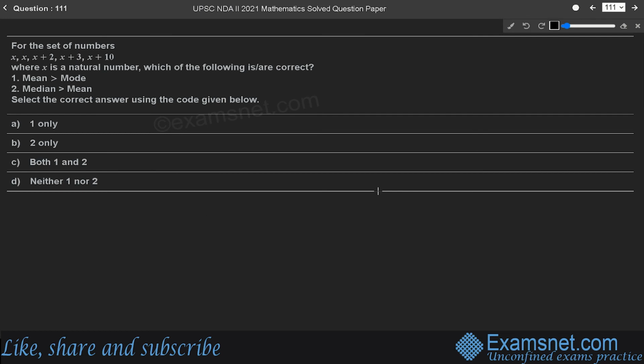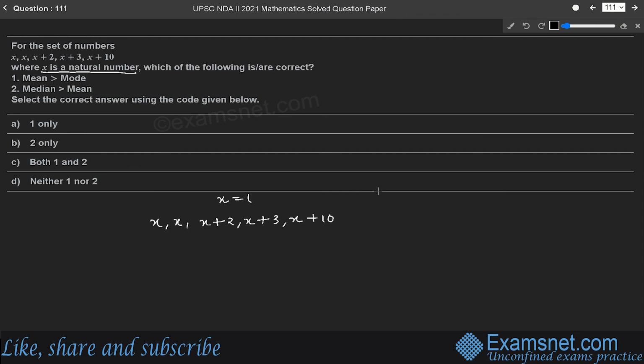Next question is, for the set of numbers x, x plus 2, x plus 3 and x plus 10, where x is a natural number, which one of the following is or are correct? It is given in the question that x is a natural number, means we can take any value. So let us take x equal to 1. The given set of numbers is x, x plus 2, x plus 3 and x plus 10.